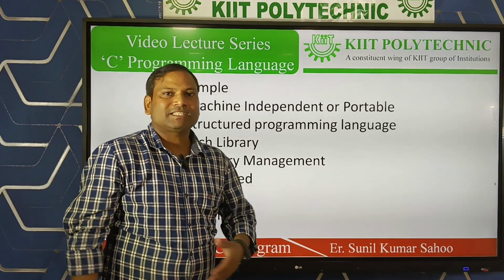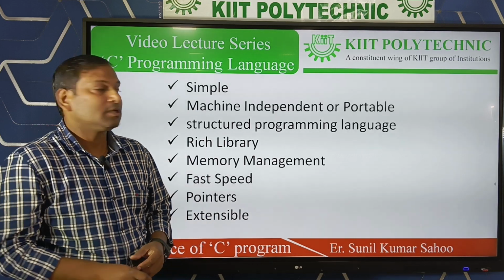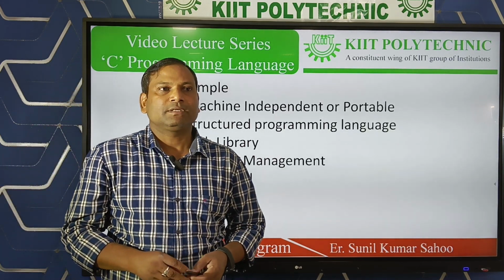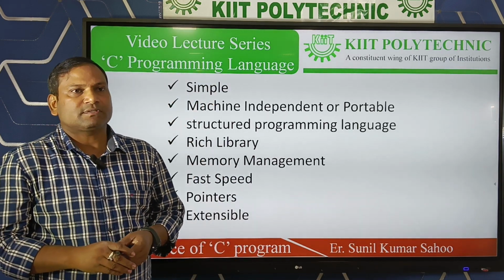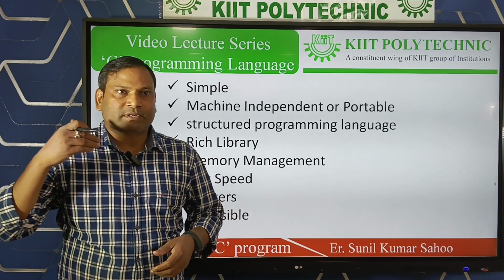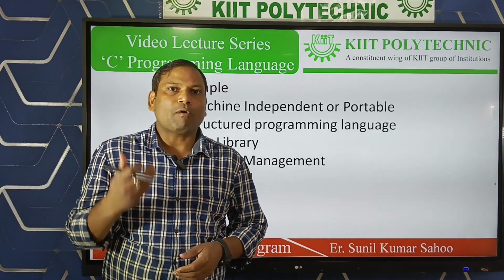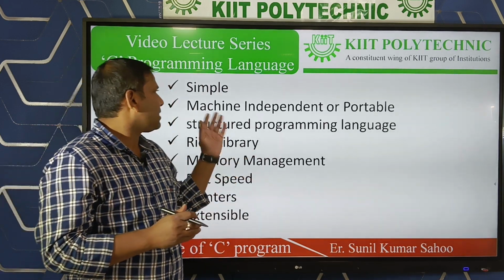Next, I'll explain the features of C programming language. First one is simple. Why is C language simple? Because of the rich set of library functions, these library functions can help to solve a problem very quickly. Means the complex problem can be solved very quickly with the help of library functions.